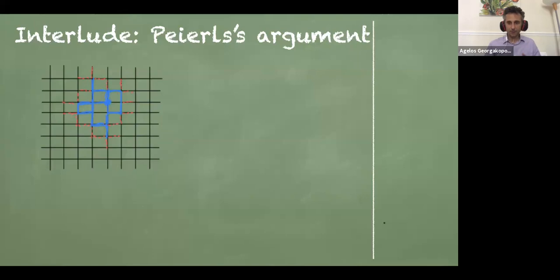So suppose that the cluster of the origin is finite, it's the blue thing. Then the red edges sticking out are all closed. They separate the cluster from infinity. And I can look at them in the dual. And in the dual, they will form a cycle.